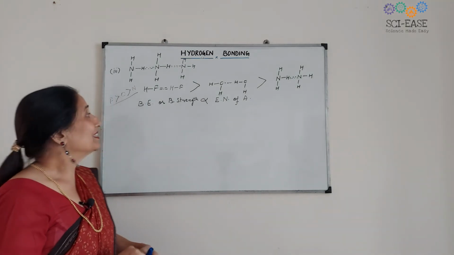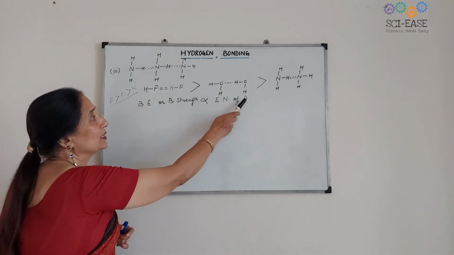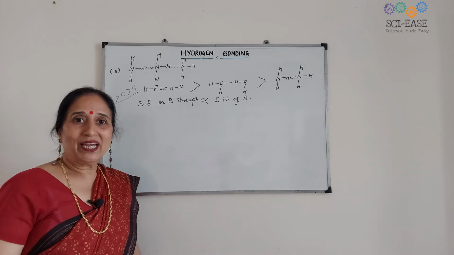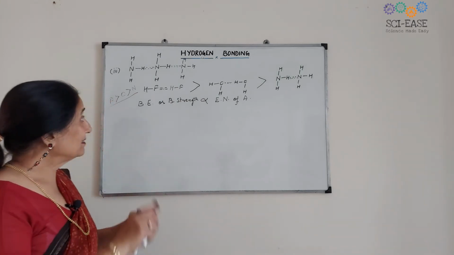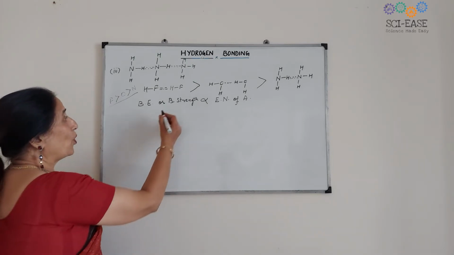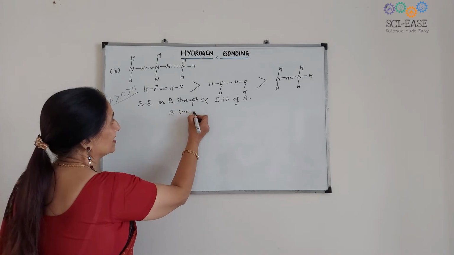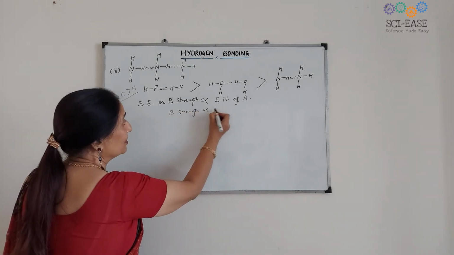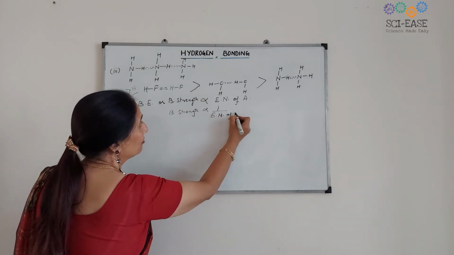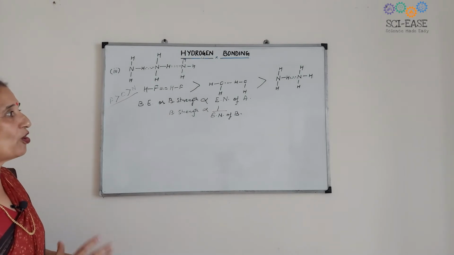So the bond strength is directly proportional to the electronegativity of A. And there is again one relationship, that the bond strength is inversely proportional to the electronegativity of B.